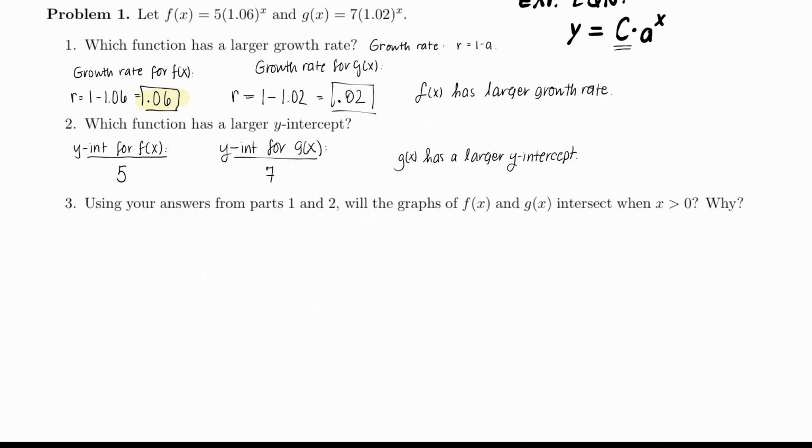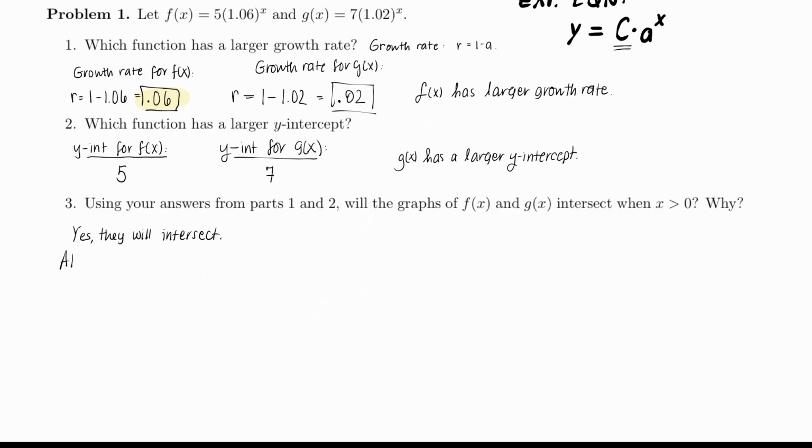And finally, using our answers from parts 1 and 2, will the graphs of f of x and g of x intersect when x is bigger than 0? Why? Or why not? So, spoiler alert, yes, they will intersect. So I would think of this in the following way.